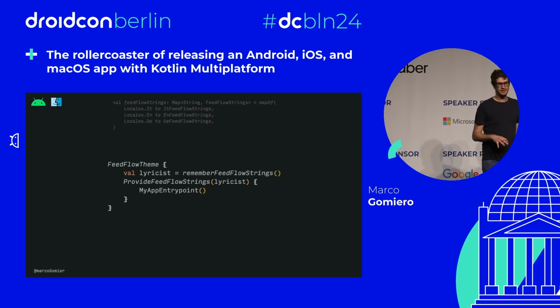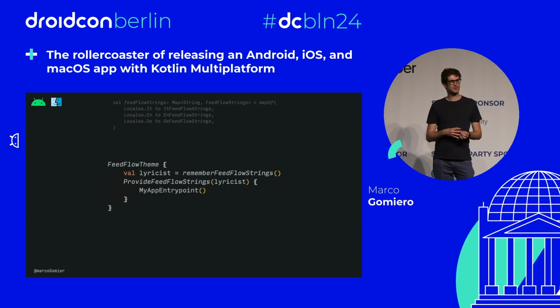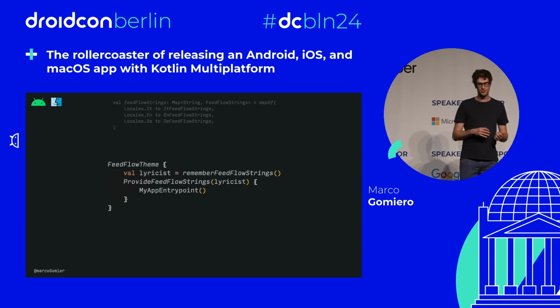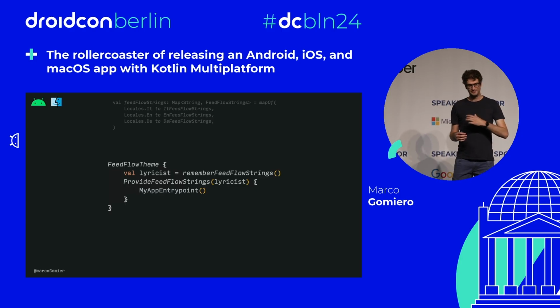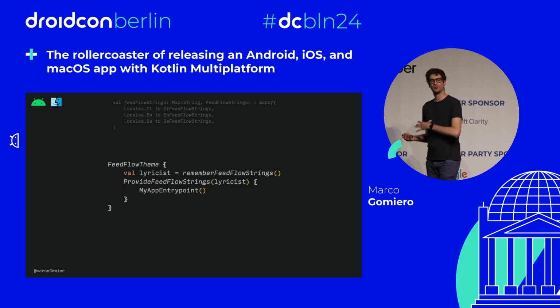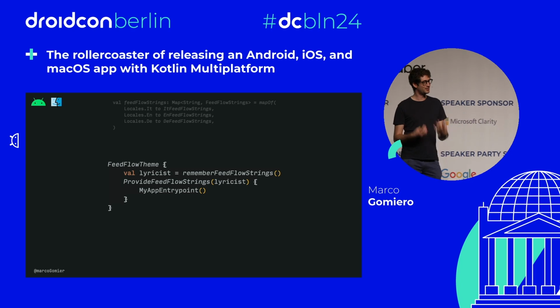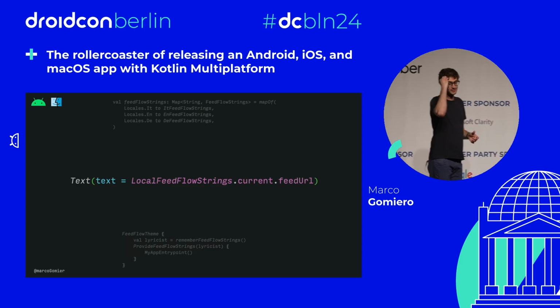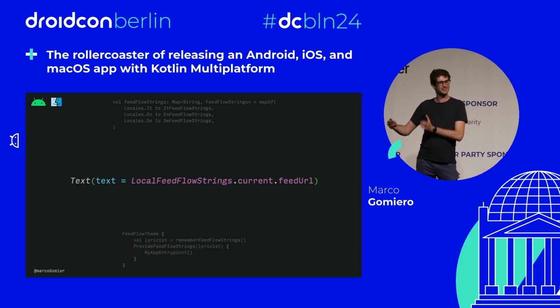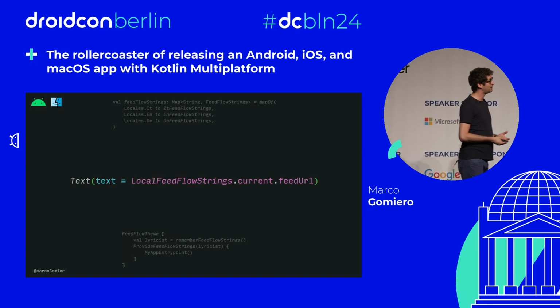Then at the root of your app, you can use composition locals to provide the language code that your user is currently using. And so with that, when you need a translation, you can just get the current language and get the string translated in the current language by just checking the current local composition, which is pretty neat.